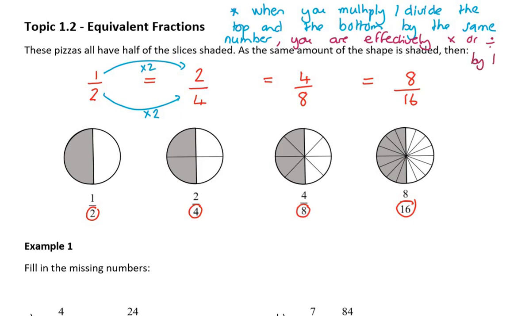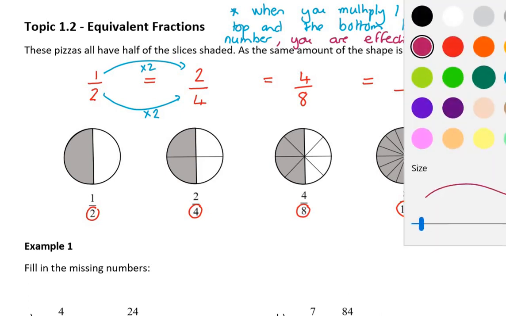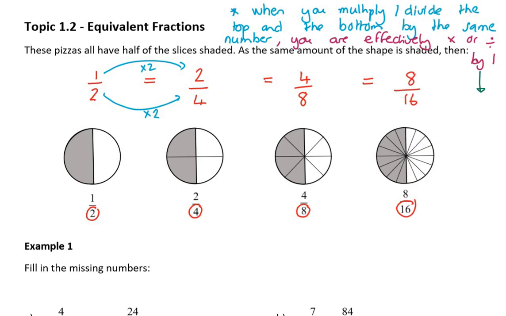Now what that means is that your value doesn't change. So I'm going to say, therefore, the value doesn't change. All you've done is convert it into a fraction that looks different, but it's the same value. The fraction just looks different.